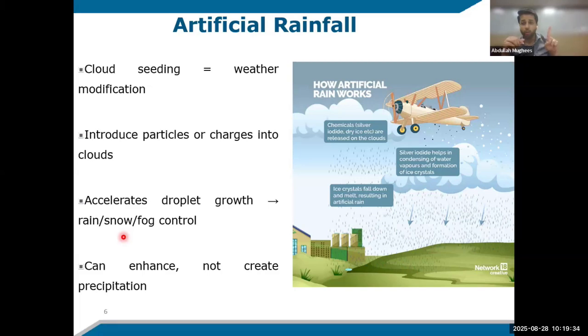It was not going to rain naturally in the parallel city, maybe a nearby city around me. It was not going to rain naturally in the other city, but due to my cloud seeding or weather modification technique, any kind of technique, I made it rain there. And there were clouds coming from the west. I made them rain somewhere else.